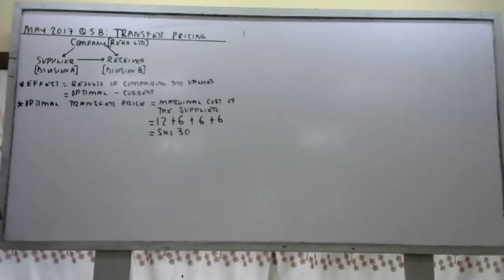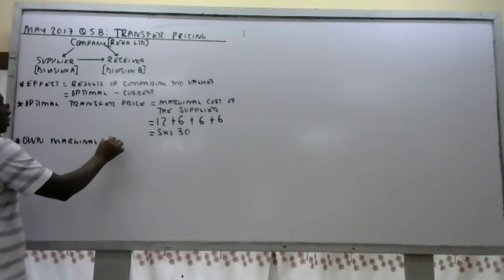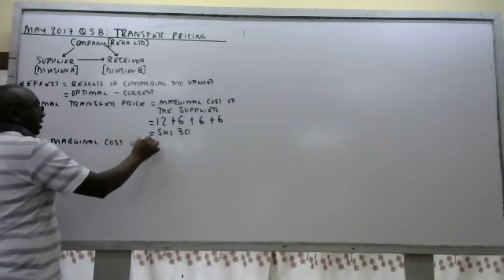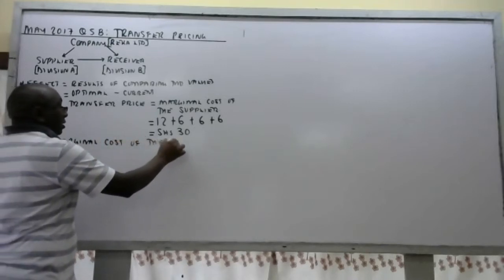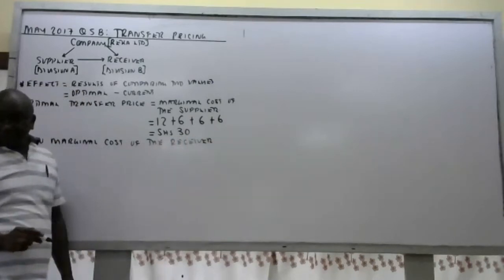The other thing is you need to get marginal costs. Let me call it own marginal costs of the receiver. Own marginal cost of the receiver.